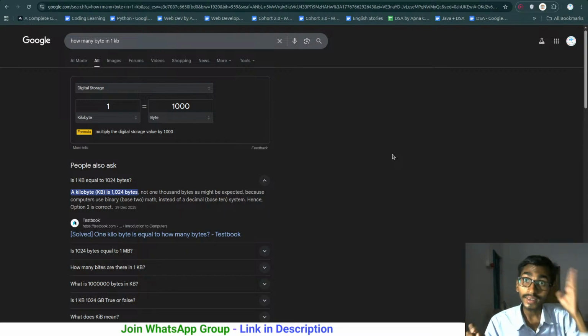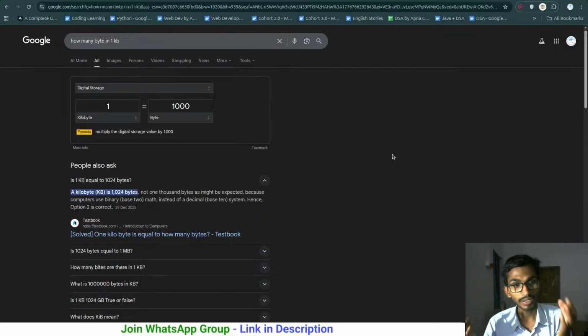Okay, 1 KB has 1024 bytes, and 1 KB is really small. And then 10 to the power 6, that is 1 million bytes, is equivalent to 1 megabyte.